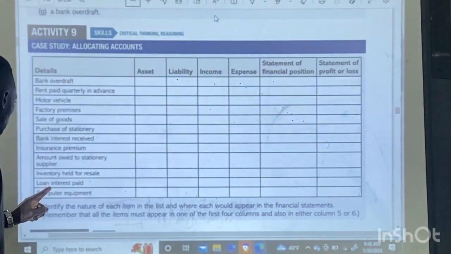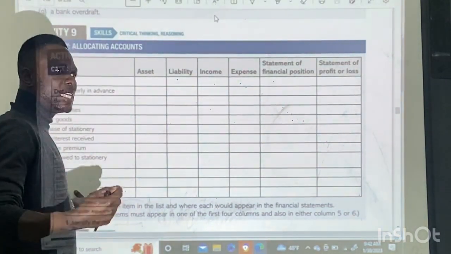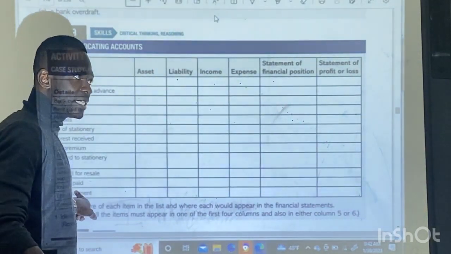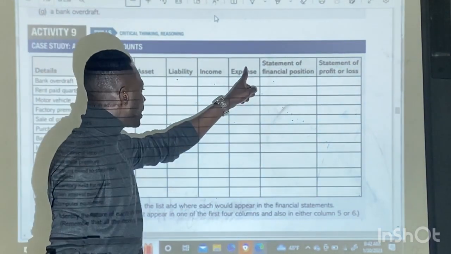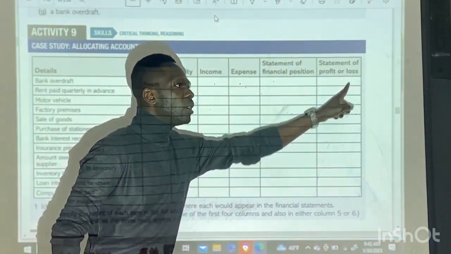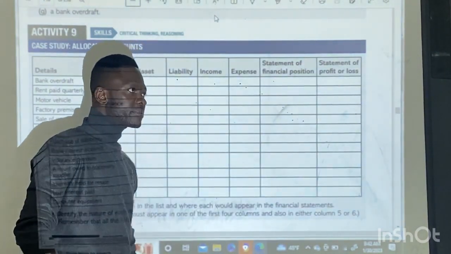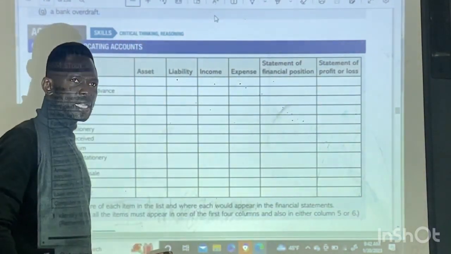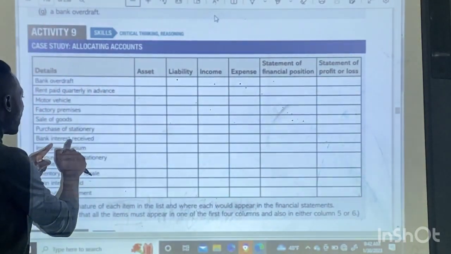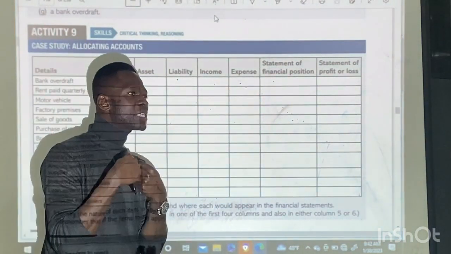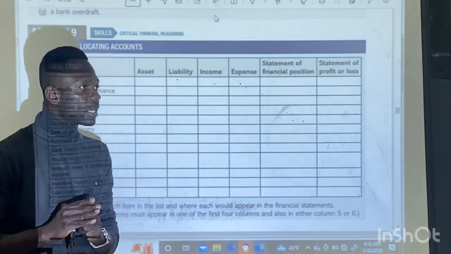The next one, loan interest paid. You paid interest on loan. Is it an expense or income? It's an expense. Expenses and statement of profit or loss. Is it clear? Interest. Here, remember I said bank interest received. When you receive interest from the bank, it means you have saved money in the bank.